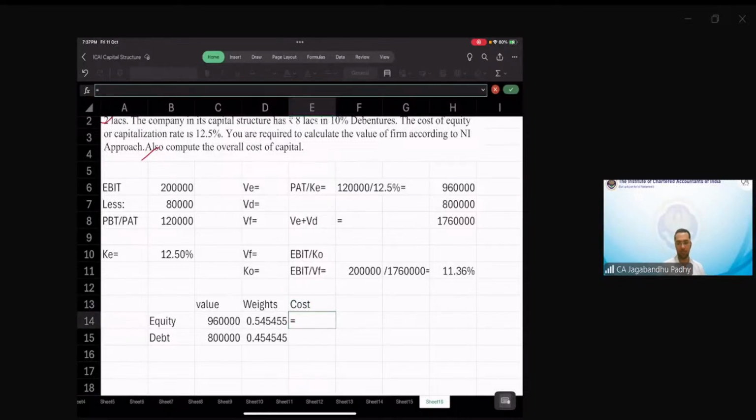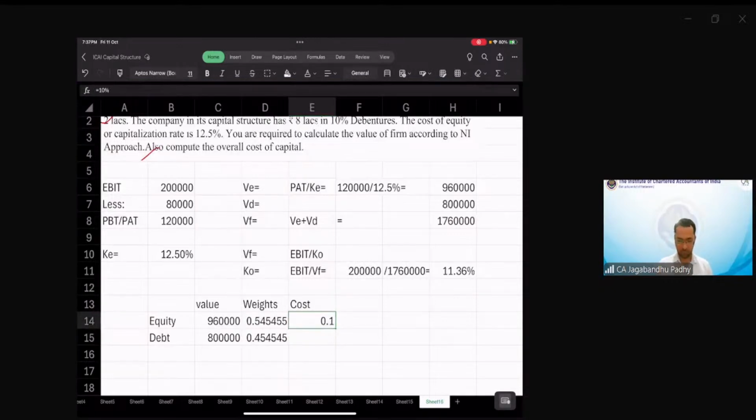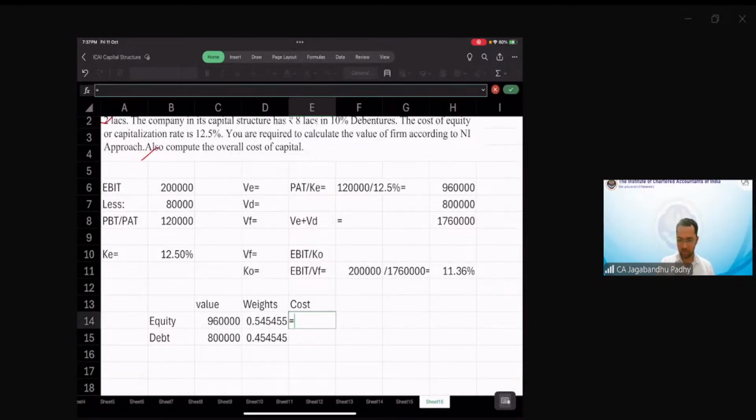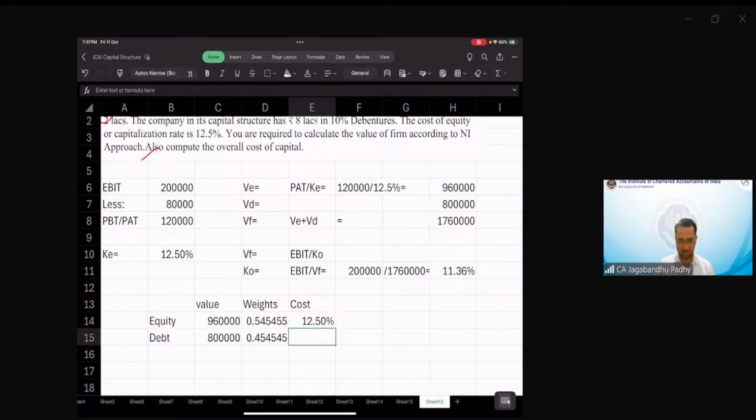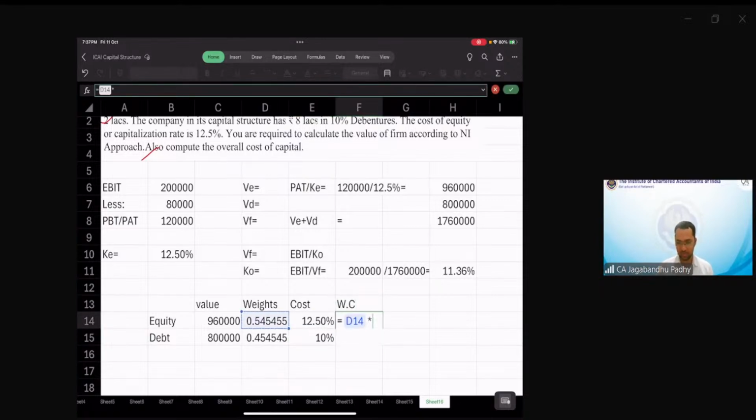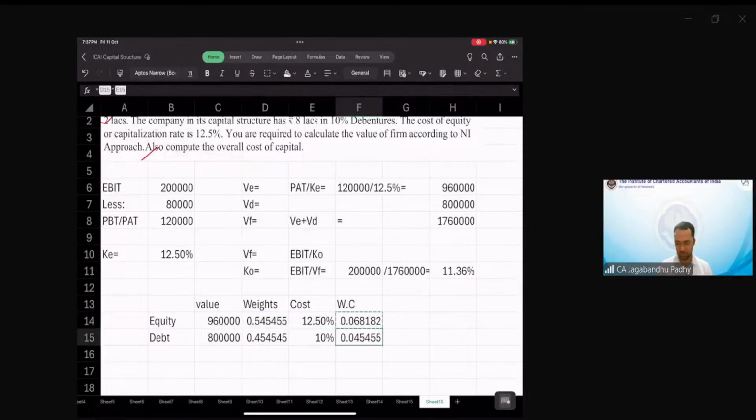So cost of debt is, of course, 10%, and cost of equity is 12.5%. So you can simply say weights multiplied by cost.